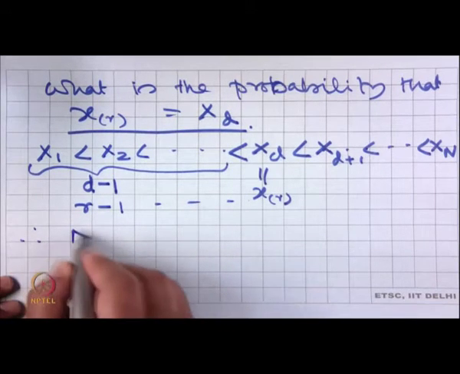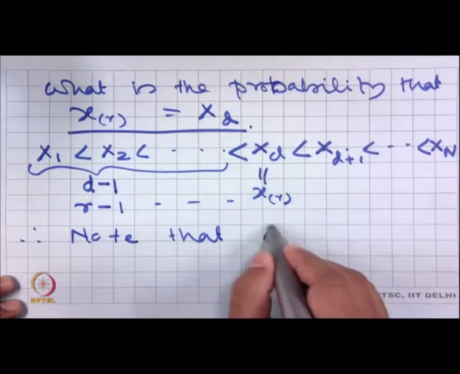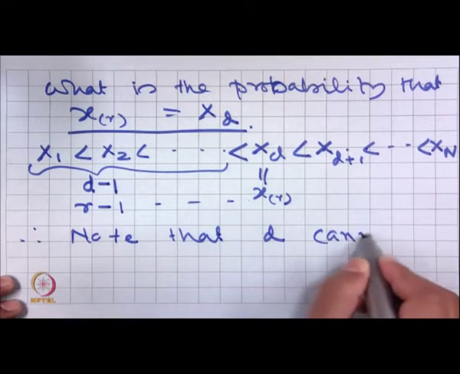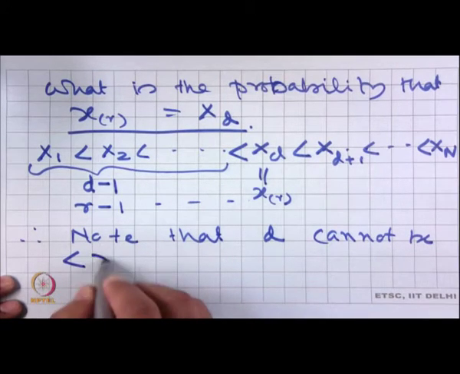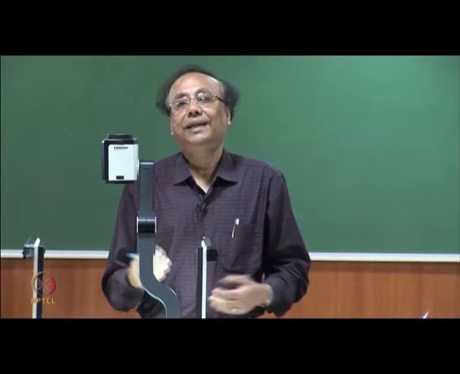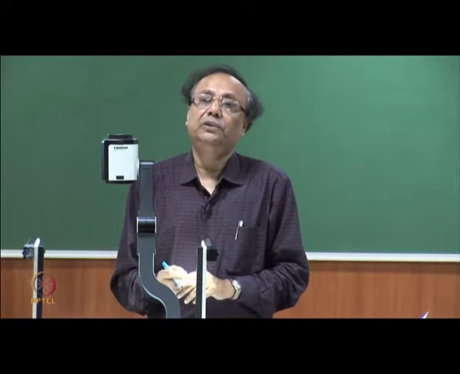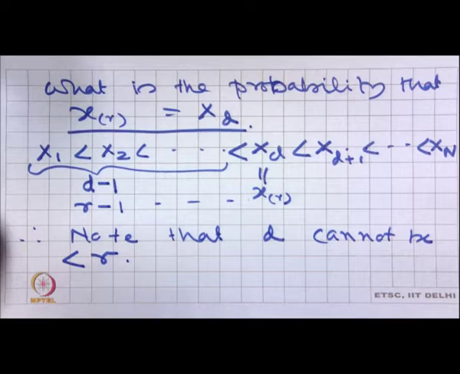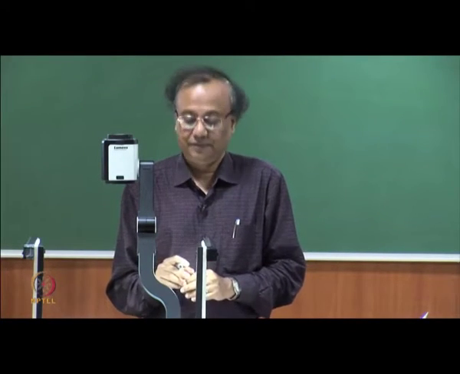Therefore, note that d cannot be less than r. Or in other words, suppose I am looking at 10 samples from 1, 2, 3 up to 100, then the fifth order statistic cannot be less than 5, it has to be at least 5, right.